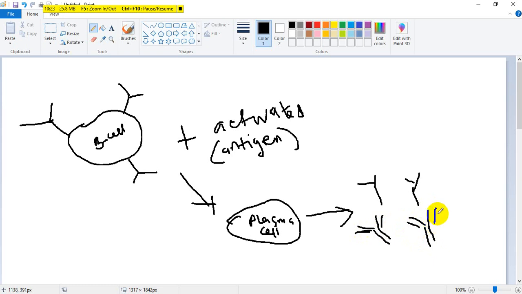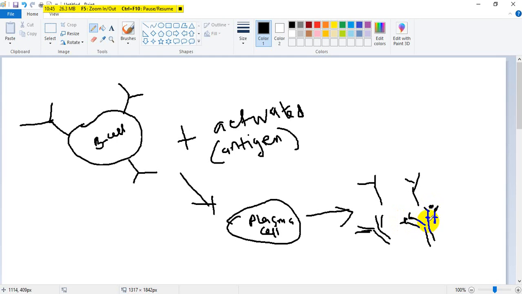In the antibody we have here, this is the site that binds the antigen. There are two of them. We have the constant and variable regions. This part is the variable region.